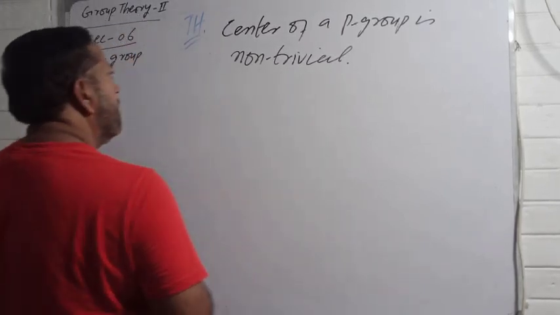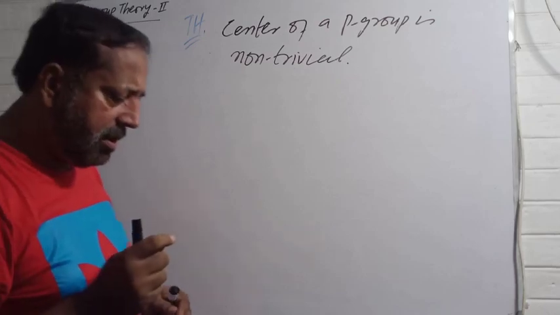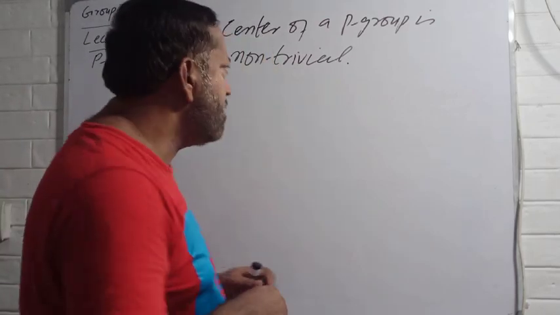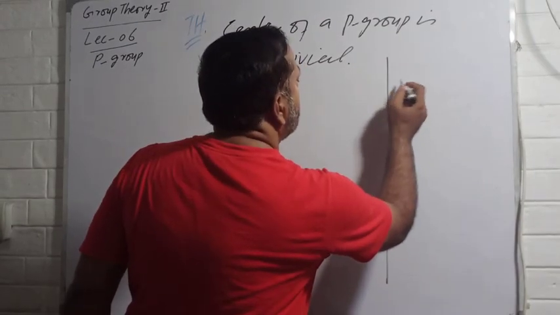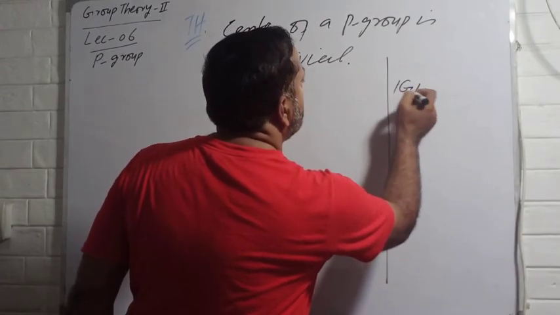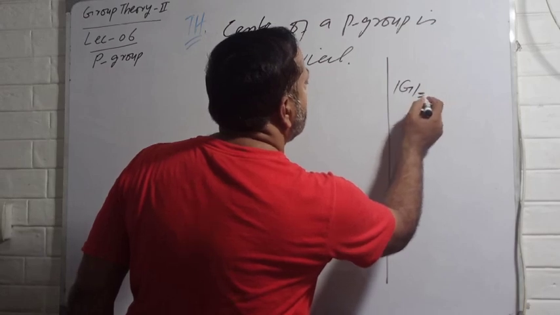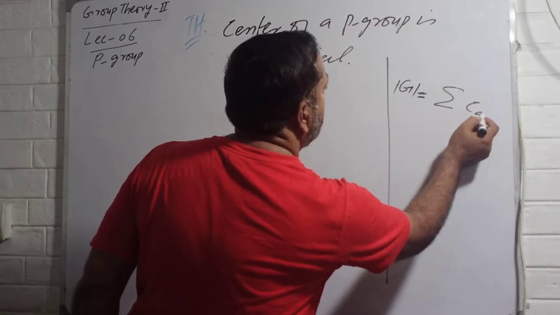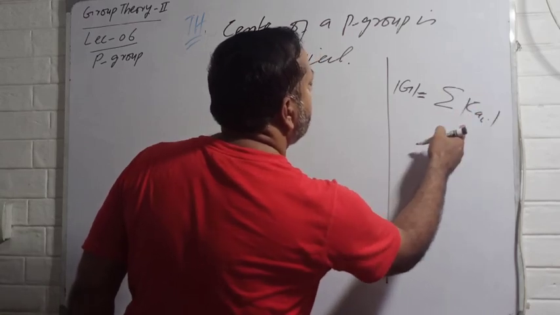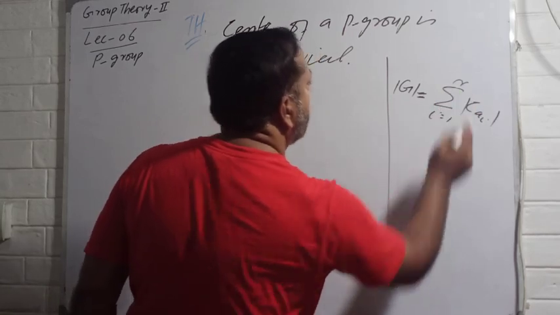We know the class equation. The class equation is that the order of G is equal to the sum of the orders of the conjugacy classes C(a_i), i varying from 1 to r.